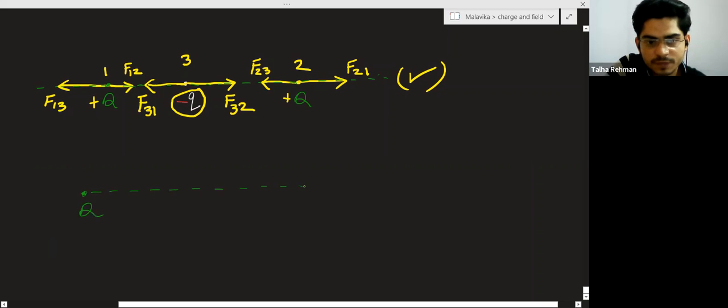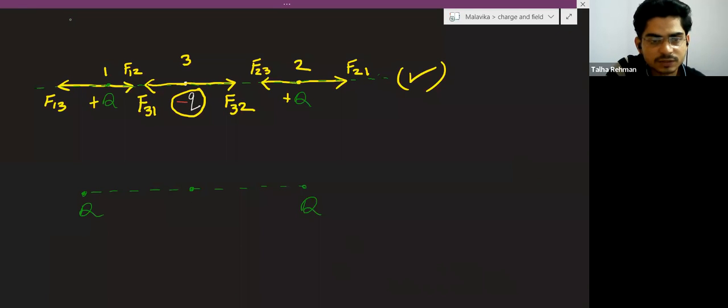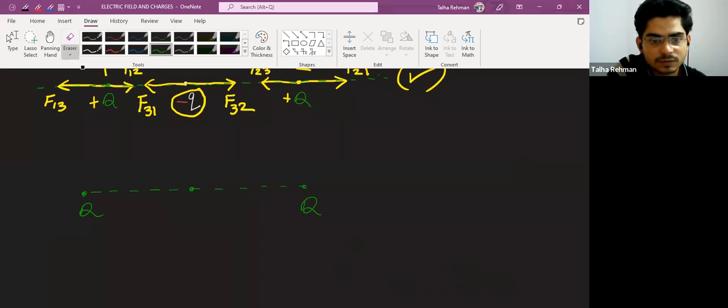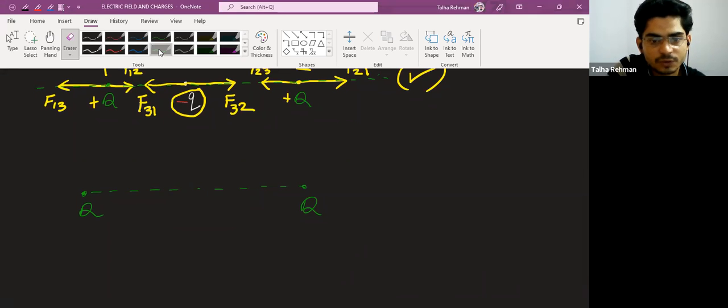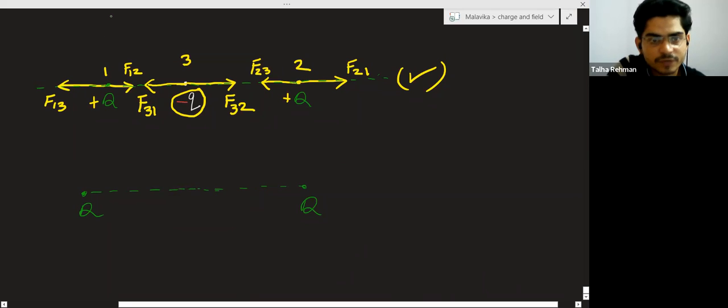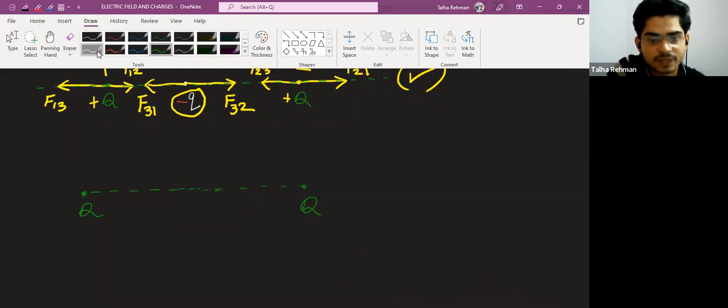Here Q was placed, here also Q was placed, and we have decided that we have to place a charge minus Q, and we don't know the location, and we can find that with the help of calculus.